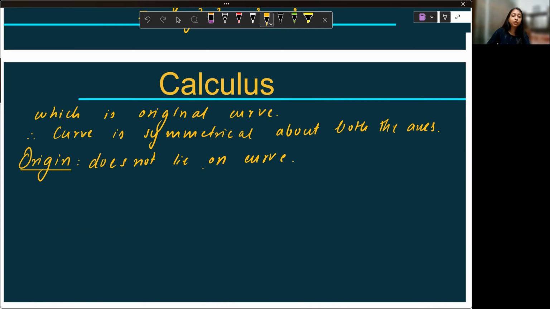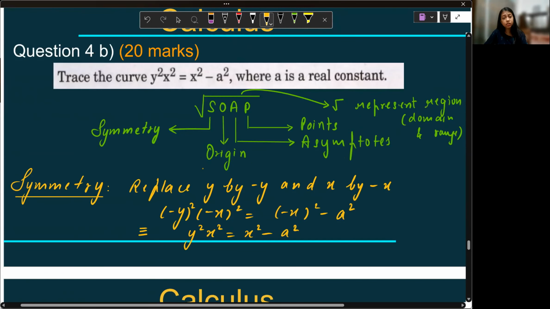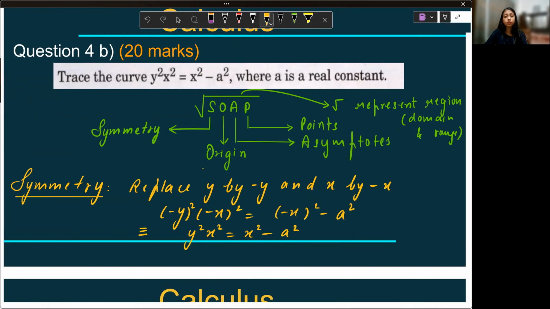Now, what about asymptotes? Let's discuss asymptotes. There will be no asymptotes parallel to the y-axis here, right? Because I cannot write it in terms of x square.